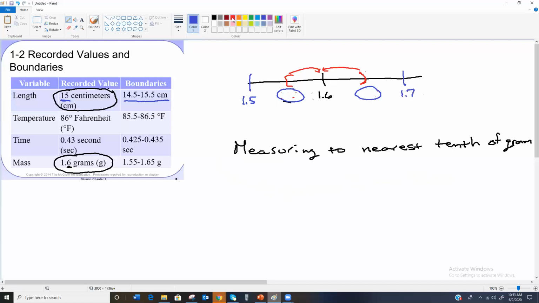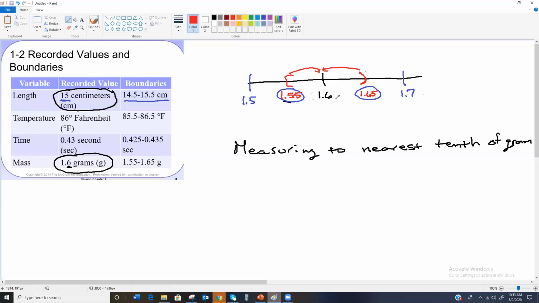So now, what are the boundaries of 1.6? What would cause us to report a 1.6 and what would cause us to stop reporting 1.6? What would this number be? 1.55. And then this would be 1.65.